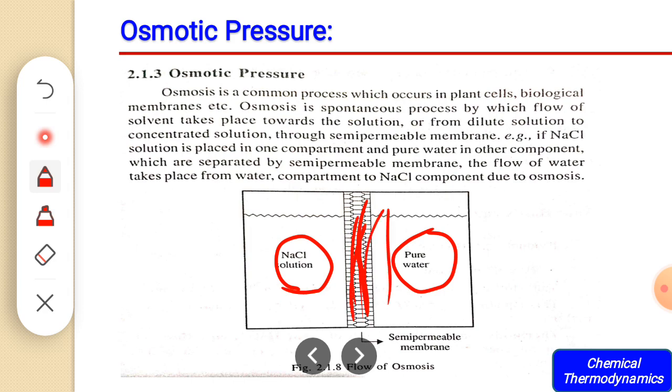What happens? It is observed that the solvent molecules from the pure water, the solvent compartment, spontaneously move into the solution compartment through this semi-permeable membrane.